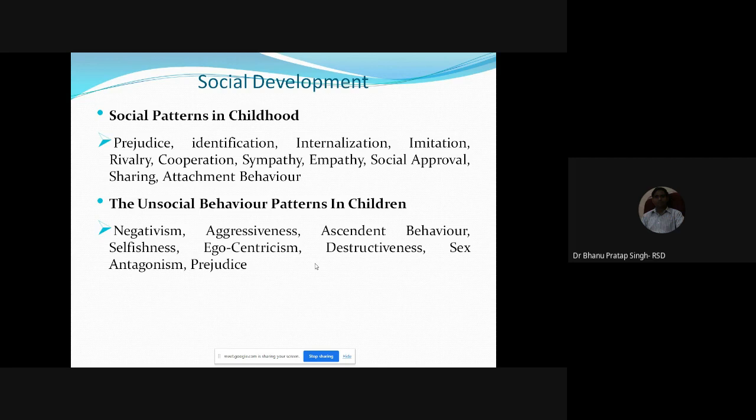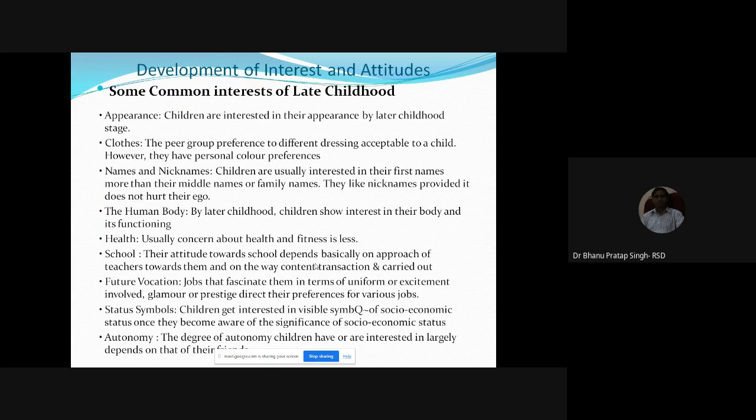Egocentrism, destructiveness, even sex antagonism also. So about these unsocial behaviors, the teacher must be aware, so that the teacher may reduce these unsocial behavior patterns in the child. Development of interest and attitudes.